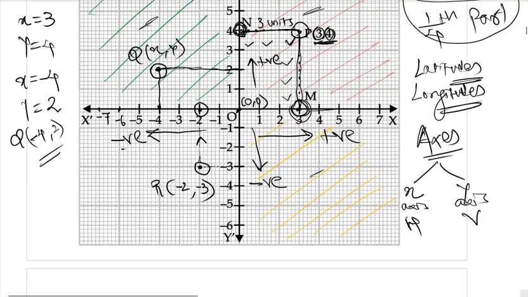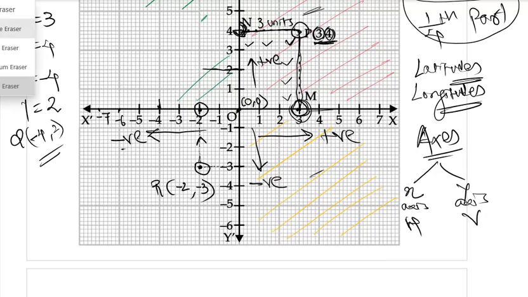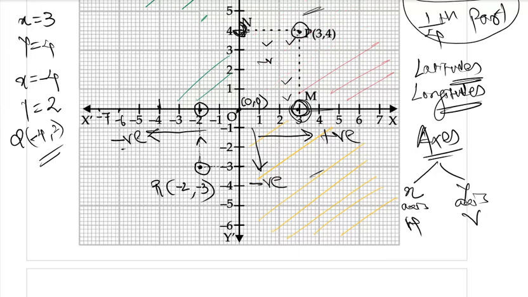Let me clear this up and explain again. There's too much mess over here. Let me clear this. If I use the stroke eraser, this is better.